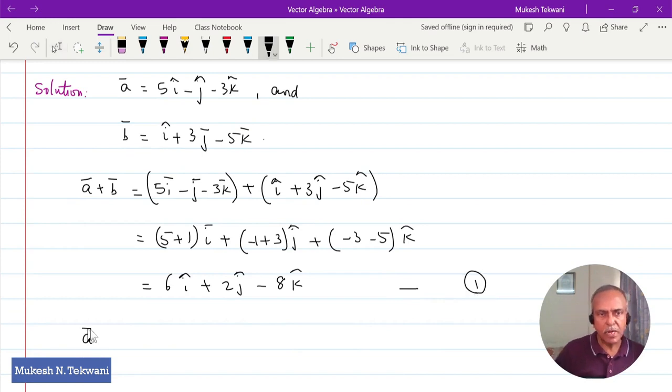Now let us calculate vector A minus vector B. Again, for vector A minus vector B, we have to take the corresponding components.